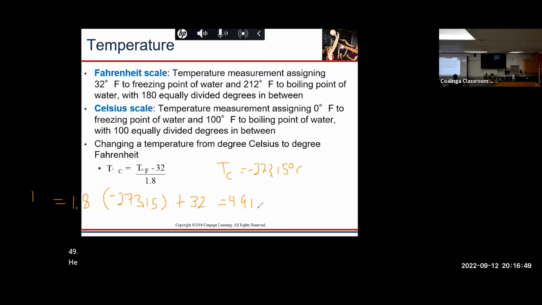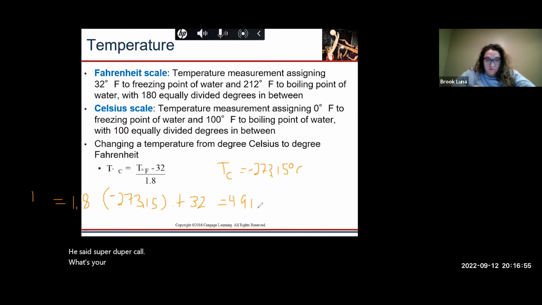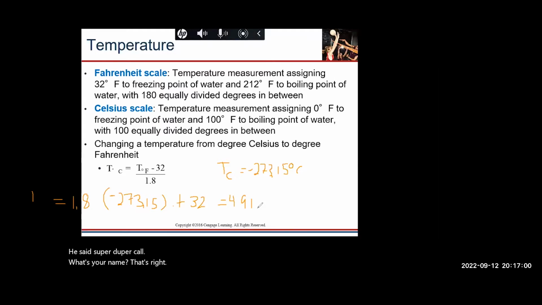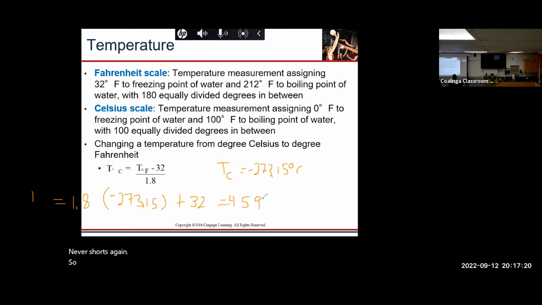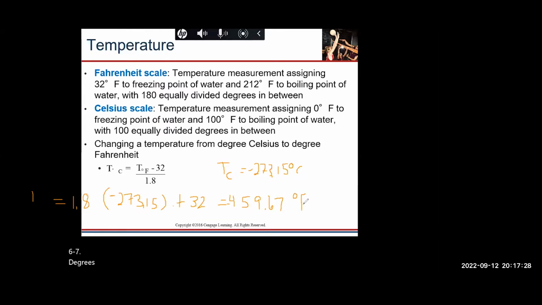Well, it's still negative. That's right.